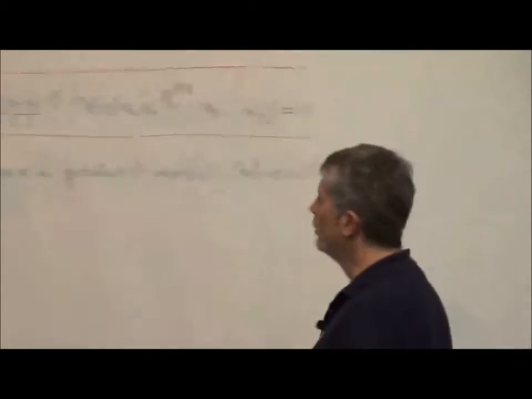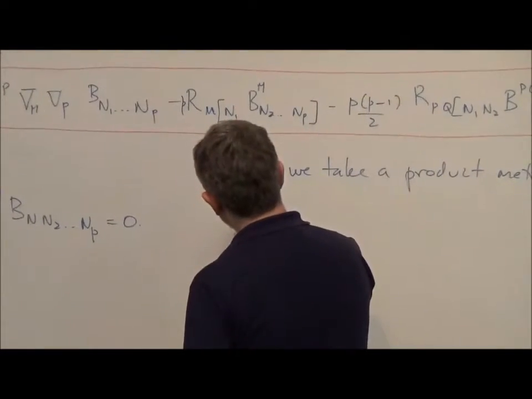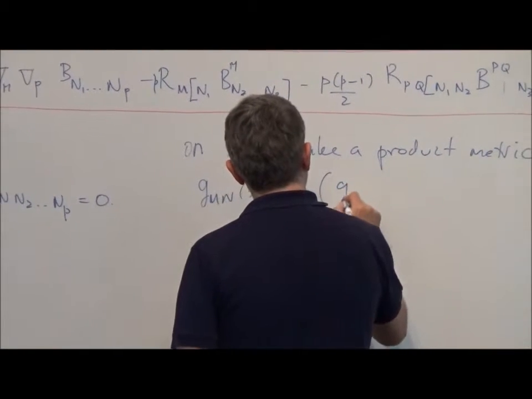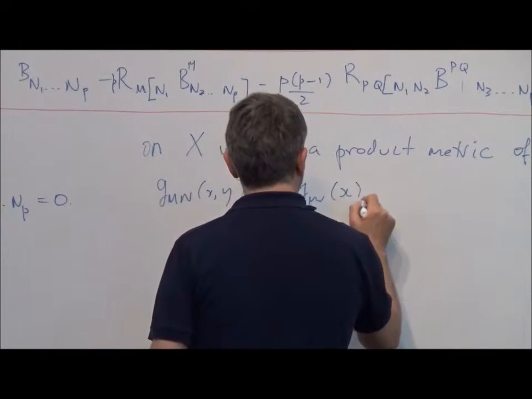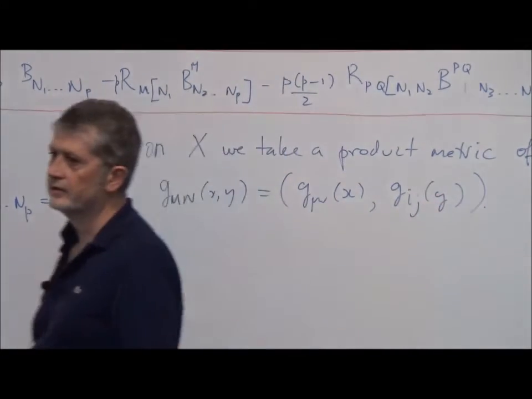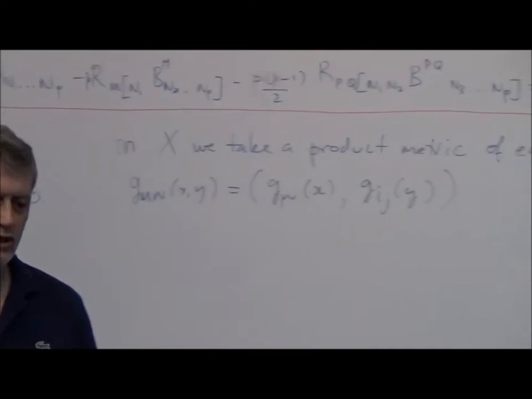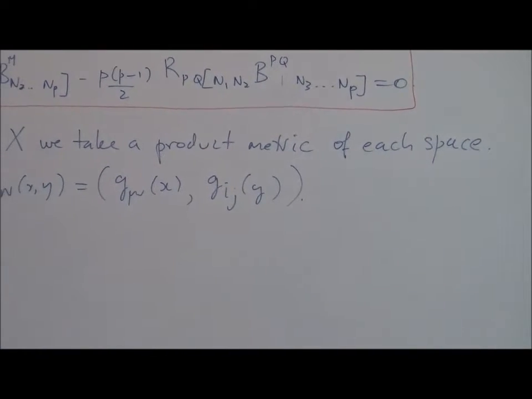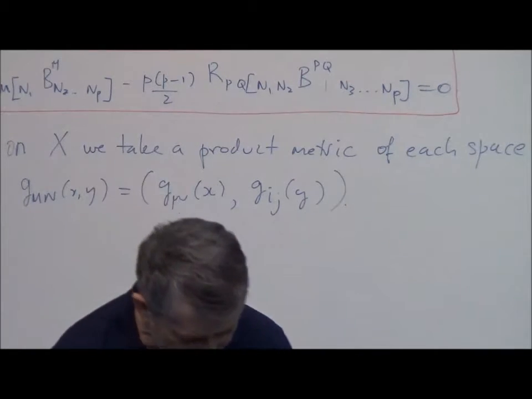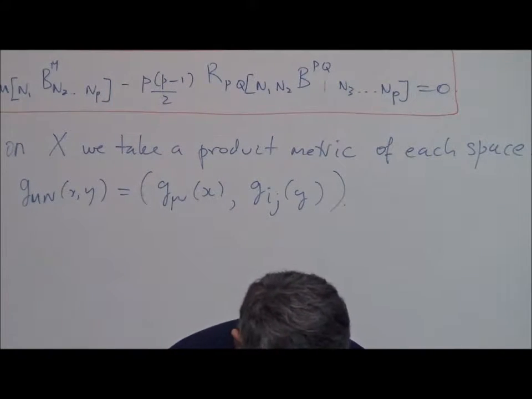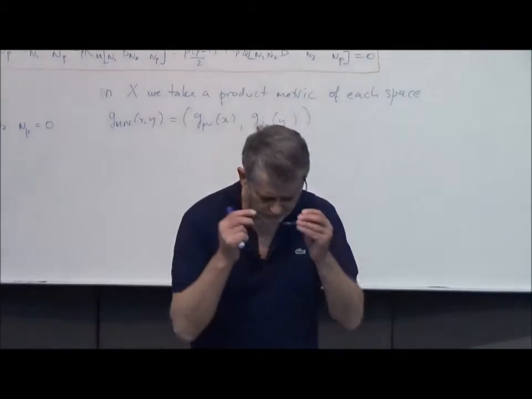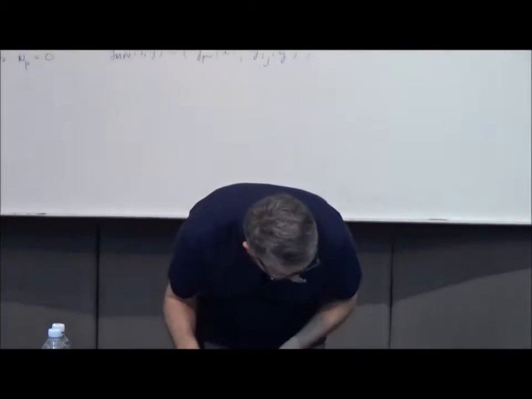Okay? So in components, that would mean the following. Gmn of x comma y would be g mu nu of x and gij of y. So it's a very special case. Why not? I'll do it. It's hot in here. Good.